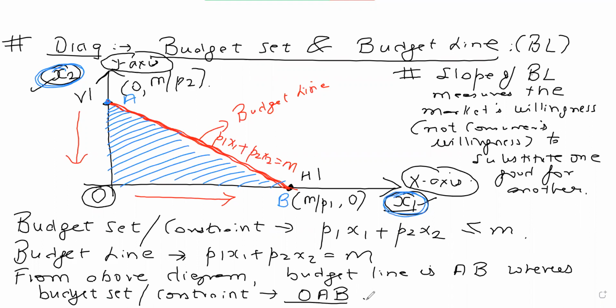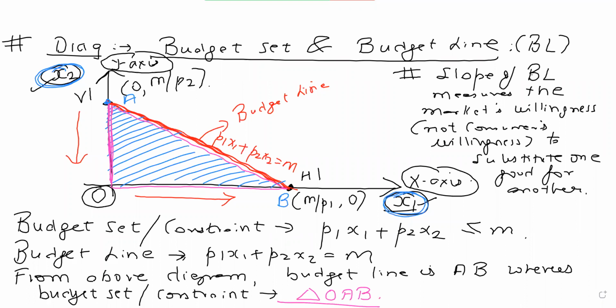That means this whole triangle OAB is your budget set.